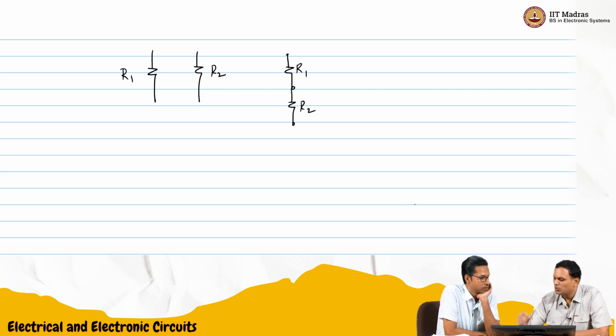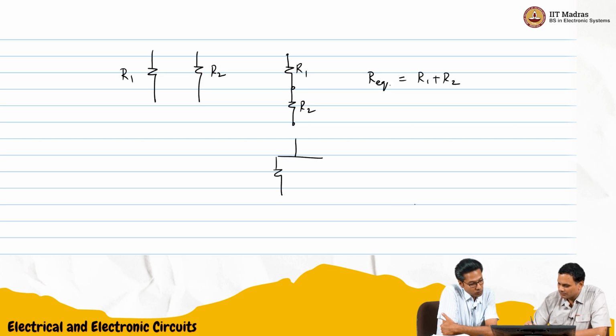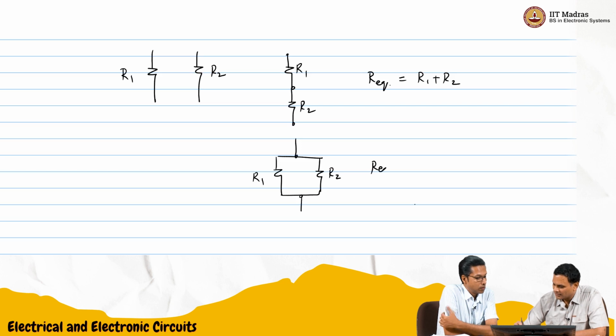We know that the total resistance, R equivalent, is R1 plus R2. And if we put them in parallel, we know that R equivalent is R1 R2 by R1 plus R2.